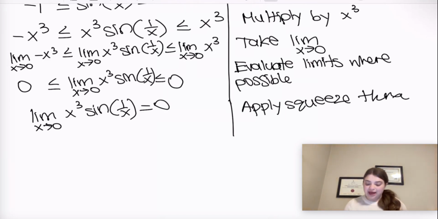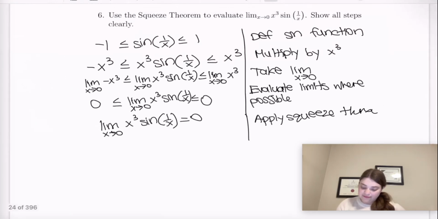Remember that the squeeze theorem says that if g of x is less than or equal to f of x, which is less than or equal to h of x, and the limits of g of x and h of x are the same, then the limit of f of x, which is sandwiched or squeezed between, must also be the same.